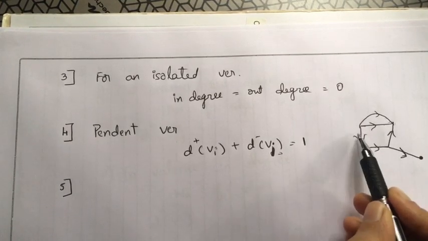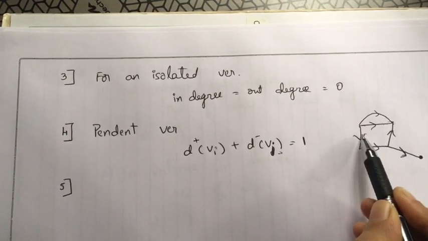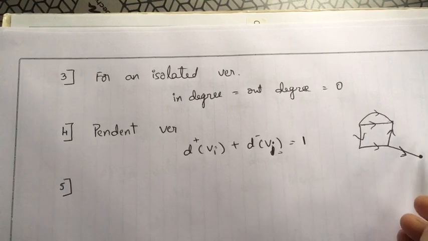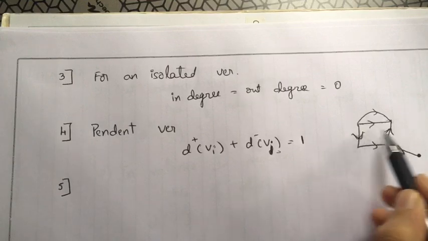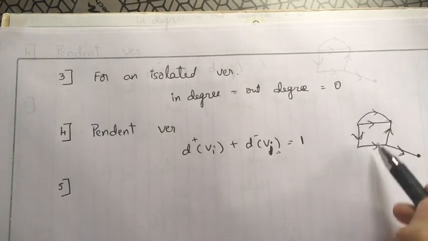But when I consider these two edges, they look parallel but they are not because of their directions. These two are not parallel but these are parallel.